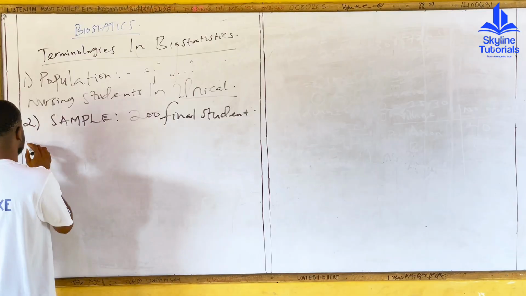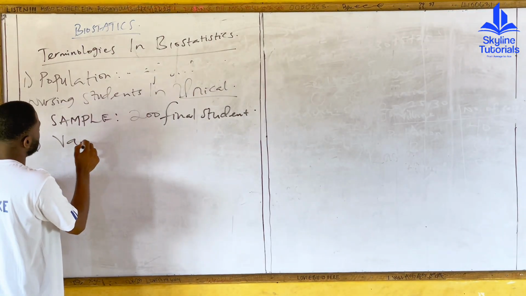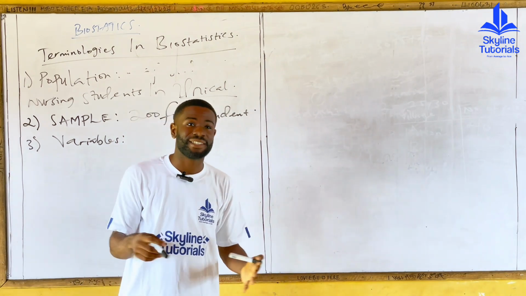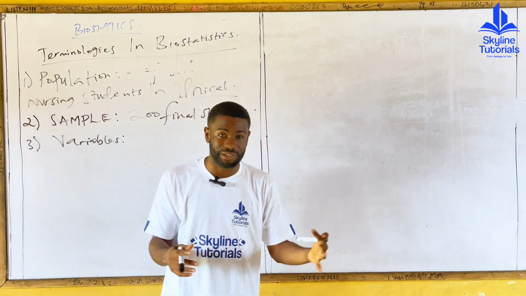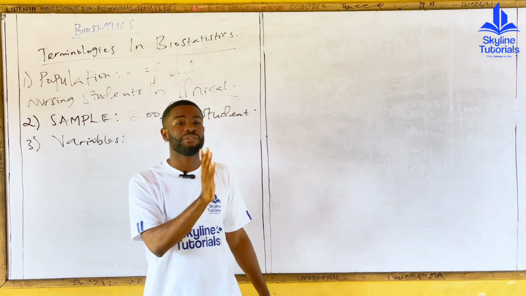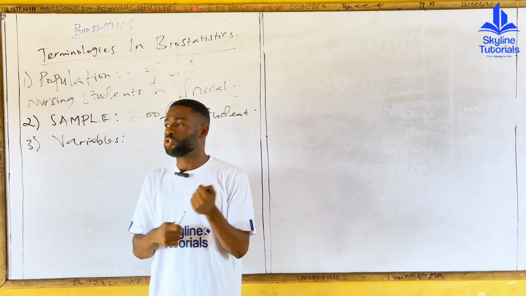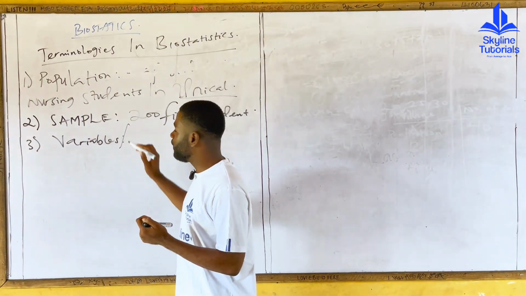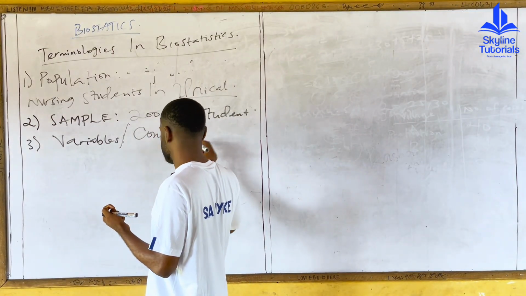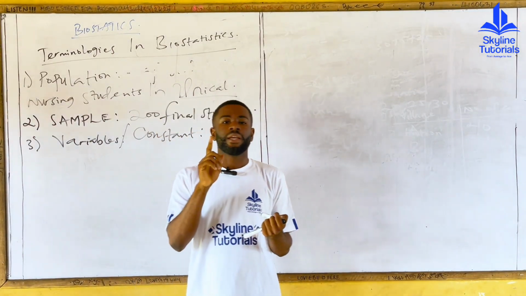The next we'll be looking at is variables. Variables, from the word varies, changes, right? Yes. So a variable is simply any feature that varies from person to person. We are going to tag variable with another terminology called constant. Yes, it should go hand in hand.